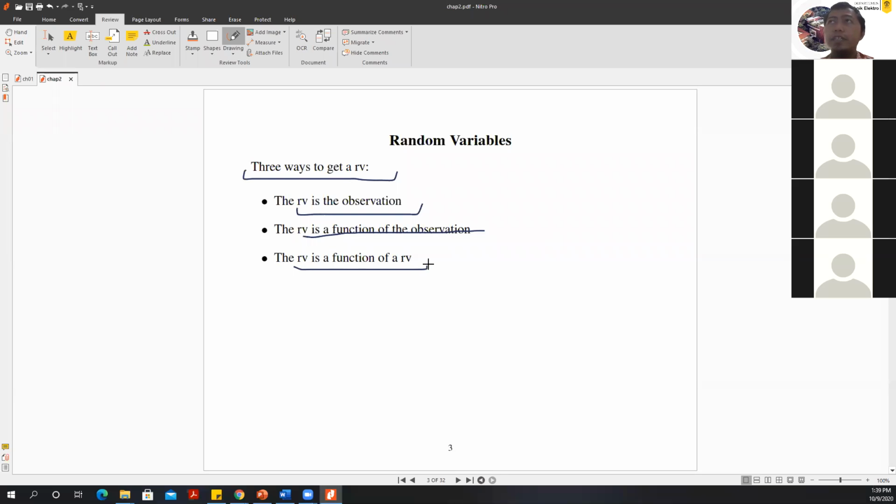Maybe the observation is already clear with the measurement of today's temperature, maybe daily temperature. But what is the function of observations?